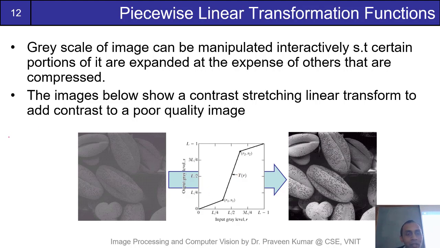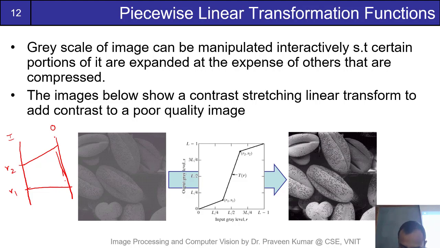So let us say this is your input range and this is your output range. Let us say R1 and R2. This is trying to stretch the range of R1 and R2 to occupy a larger range.